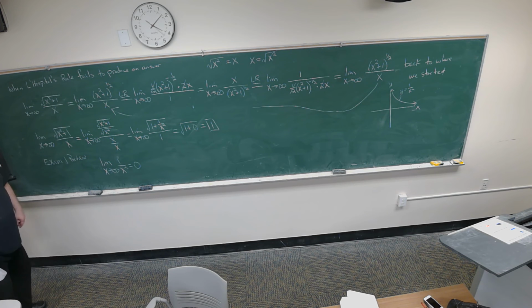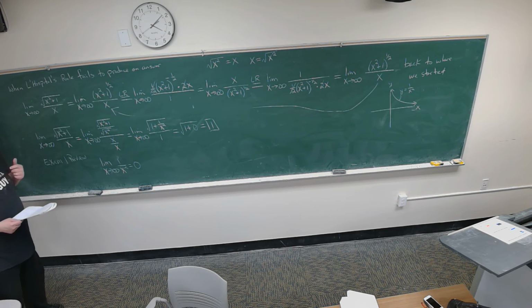But L'Hopital's rule won't give us that answer. We'll just keep going in circles with L'Hopital's rule. Even though you got infinity over infinity form, L'Hopital's rule won't give you an answer. Review is good.